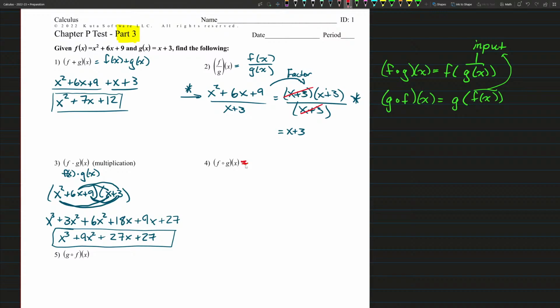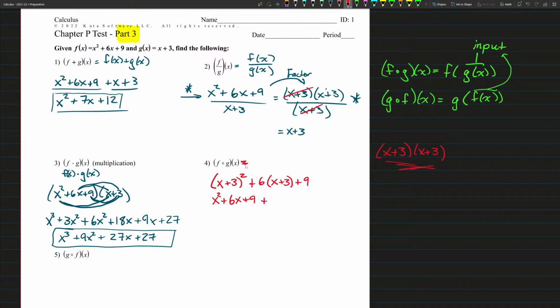So f of g of x, that is our input squared, so x plus 3 squared plus 6 times our input plus 9. Then we FOIL, distribute, and combine like terms. X plus 3 times x plus 3, just as a reminder. X plus 3 squared is the same as this, so we have to FOIL. When we FOIL, we get x squared plus 6x plus 9.